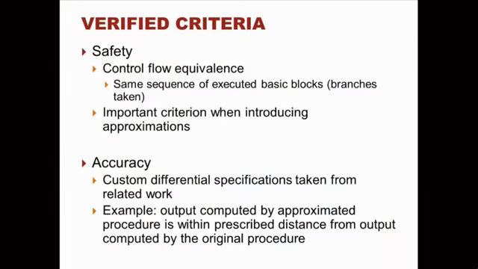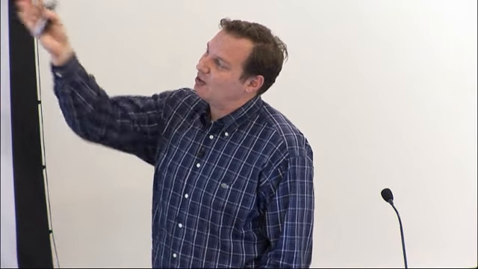So like I said, we start by verifying two criteria. One is safety, and in our particular case, what we checked is control flow equivalence, which basically means that for the same input, both programs execute the same sequence of basic blocks. And this criterion is actually quite important when you're introducing new approximations, because you often don't want to break this guarantee. Typically, it means that weird things are happening if your two versions are not control flow equivalent.